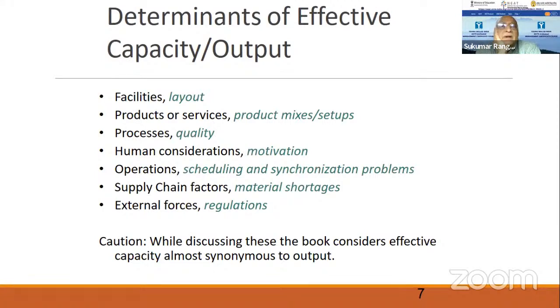The capacity or output is also determined by the facilities, the layout of the facilities, products and services, the product mixes, and the setup times which are needed to produce those products, processes which also determine the quality, and human considerations determined by the motivation level of the people who work in the operations.